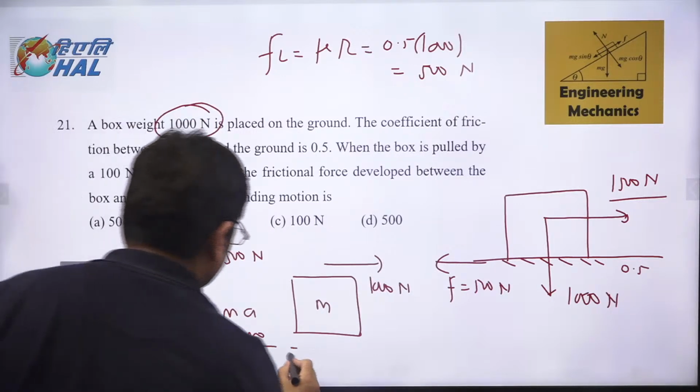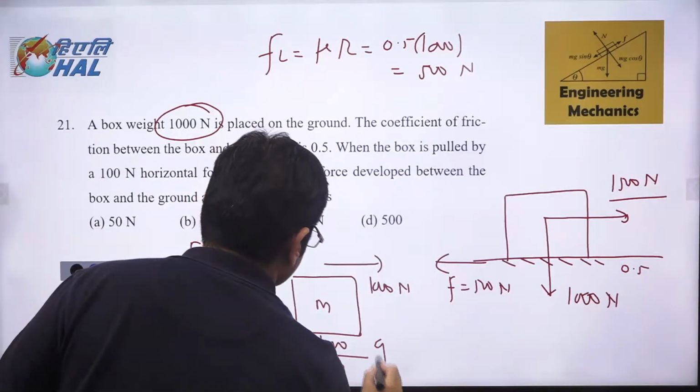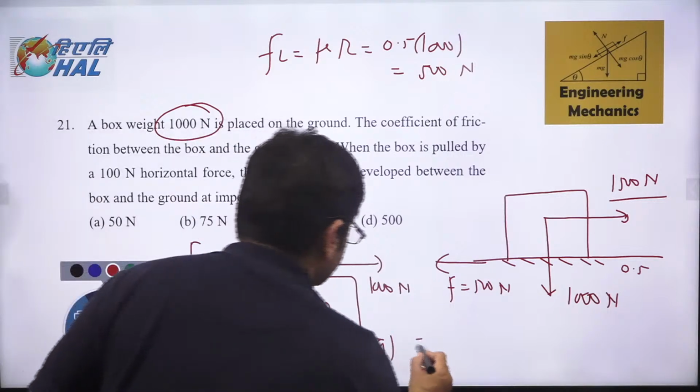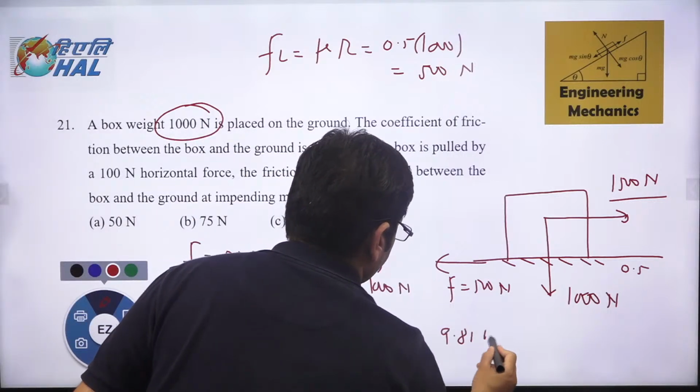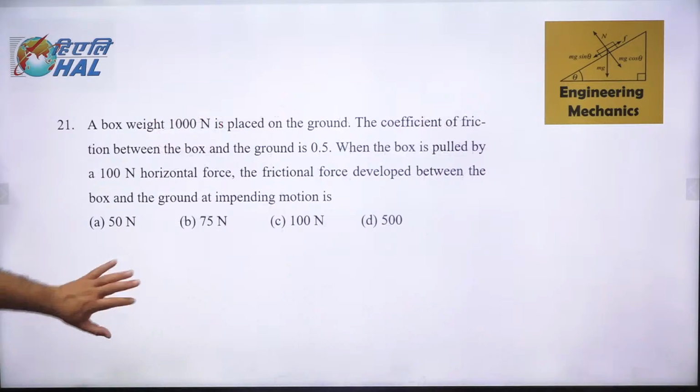Mass is 1000 over G. So A will be equal to 9.81 meter per second square. So if the force acting is more than the limiting friction, then there will be acceleration in this particular body, and that acceleration can also be calculated using this. So you can find out the value of that acceleration.